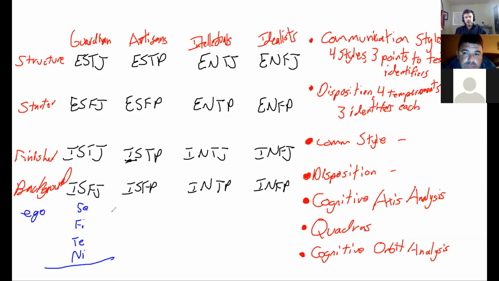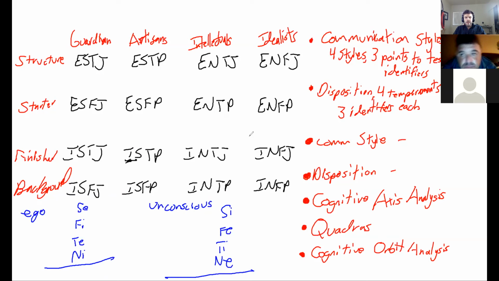Okay, what happens when we look at the unconscious? We end up having SI, FE, TI, and NE. But here's the difference. We know with cognitive access analysis that these functions are connected together in a certain way.